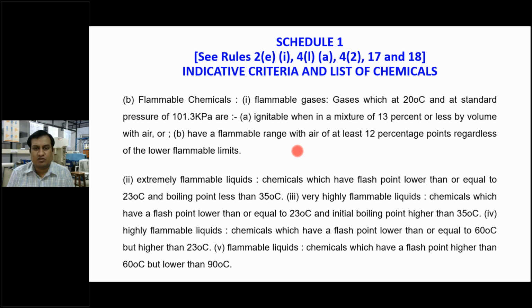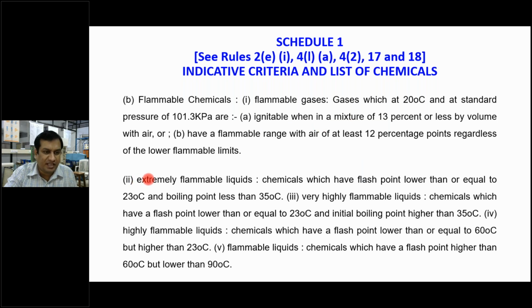Now we are discussing the gases. If the gases are present at 20 degrees Celsius at 1 atmosphere, that is 101.3 kilopascal, and if the range is from 12 to 13% in the air by volume, and there are chances of fire, then it is called flammable gases.